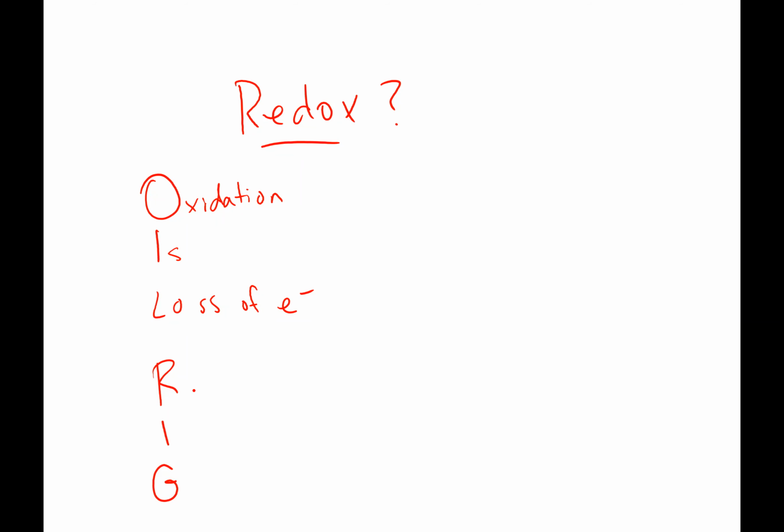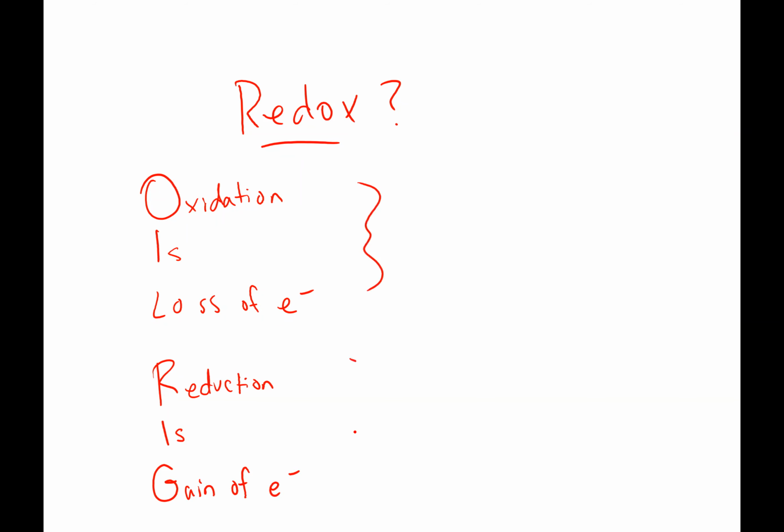Reduction means, or RIG means reduction is, wow, why is this always happening on the white screen? This is something to do with the white screen, really makes this mess up. But anyways, is gain of electrons.